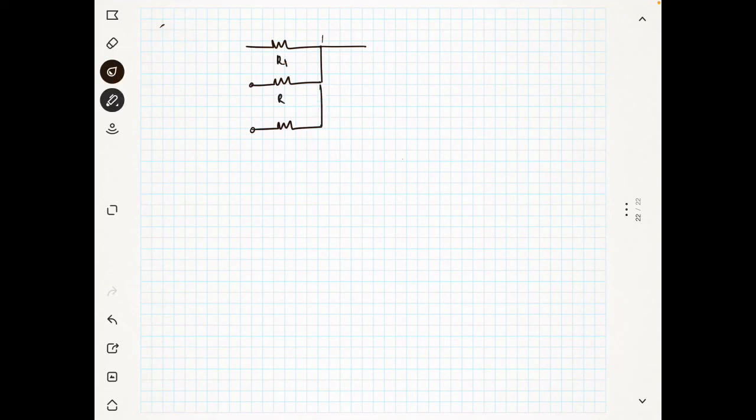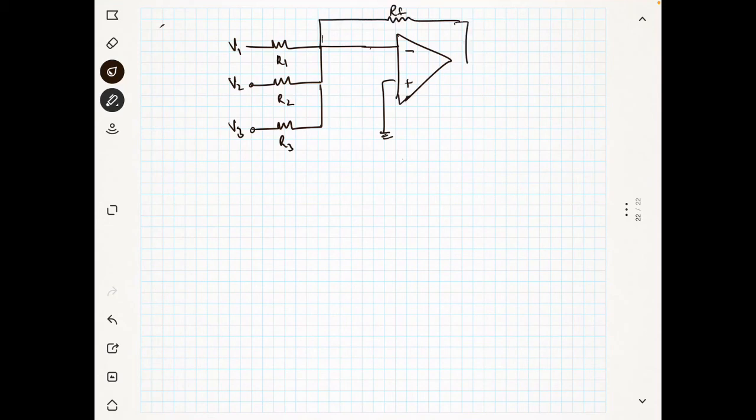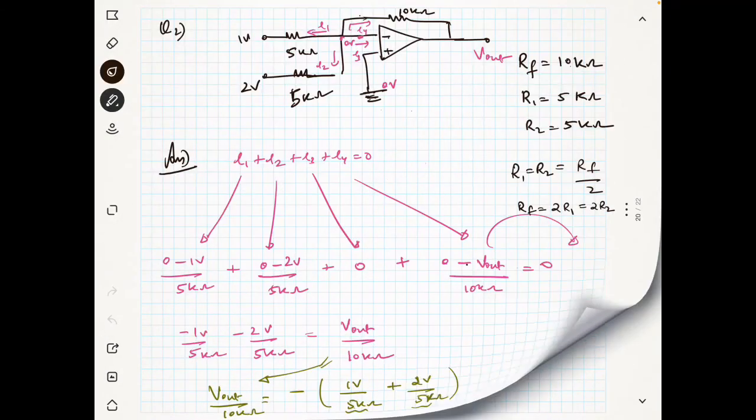Let's say this is R1, R2 and R3 and V1, V2 and V3, and this is my minus plus, and I connect my feedback resistance RF, and this is my V out. I know that my output V out is equal to minus of RF by R1 into V1, because from our previous problem we have seen this already.